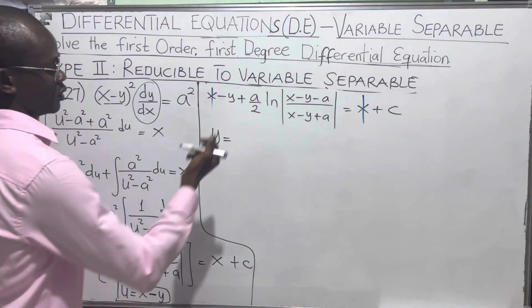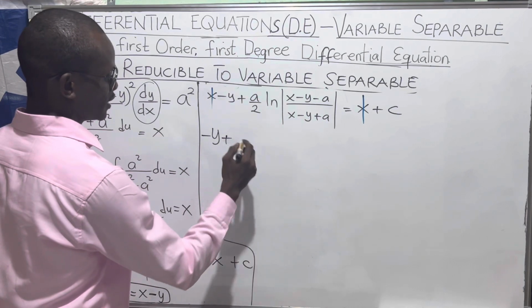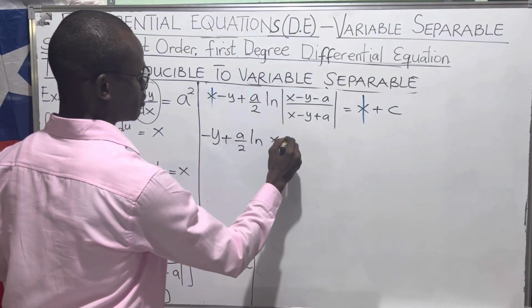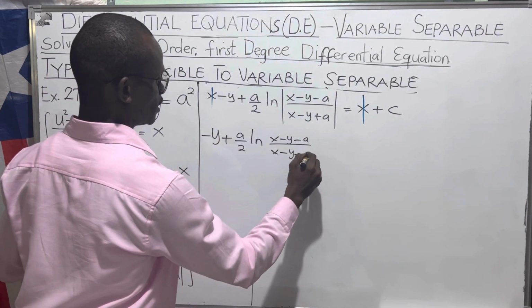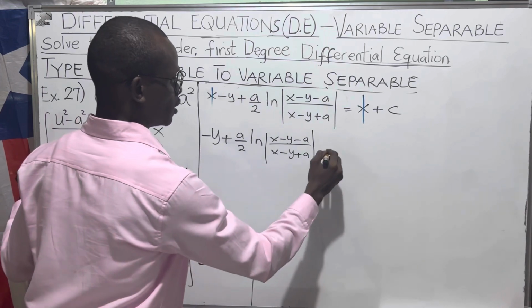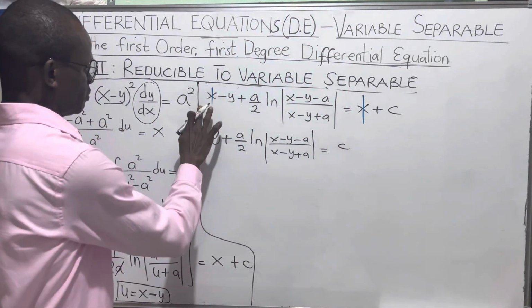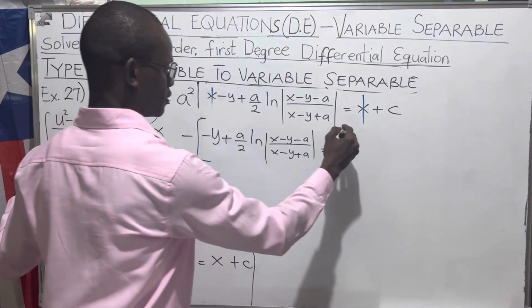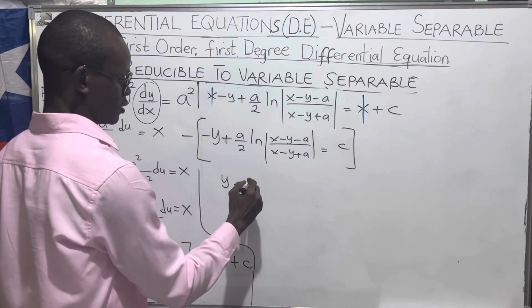Okay, so we can have y. Let's make it in a way that you understand it. So it's a over 2 ln of x minus y minus a divided by x minus y plus a, all equals to c.